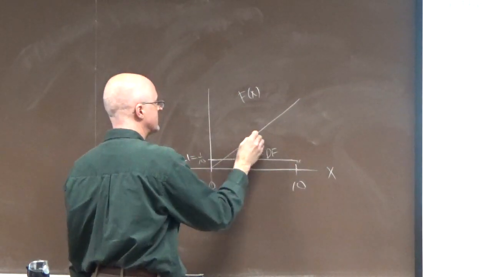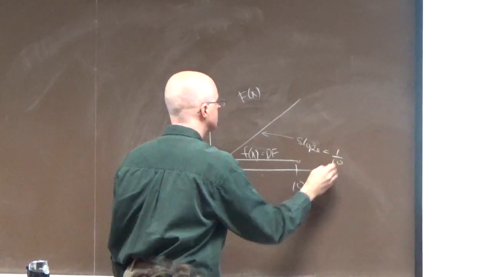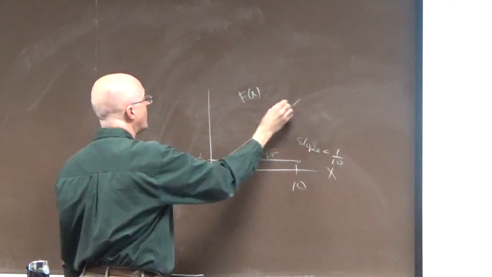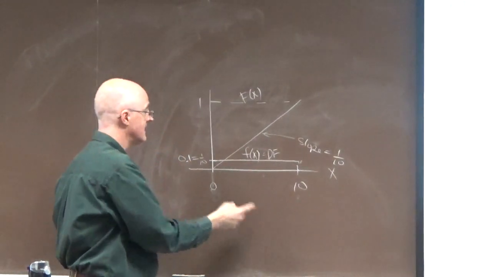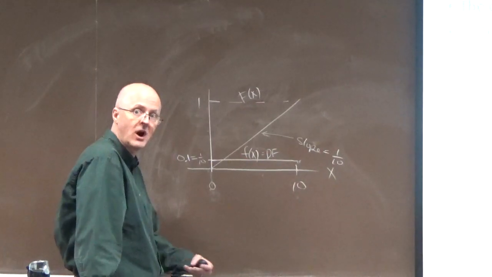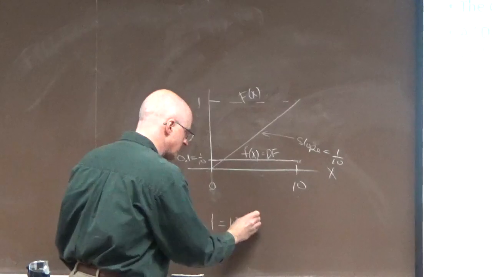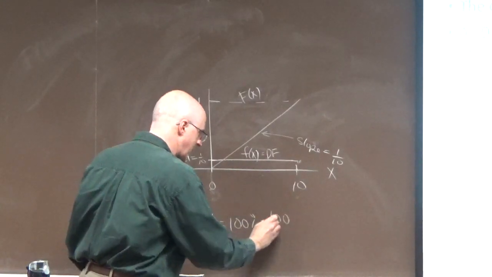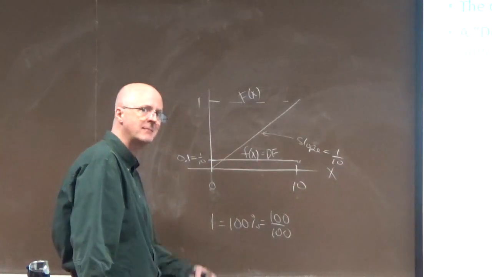It's got a slope of 1/10. That would work because, for example, once you're up to x equals 10, the percent of the data points less than 10 is 100%, 1. Right? Percent means per 100. So 1 is 100% because 100% means 100 divided by 100. 50% means 50 divided by 100. Percent means per 100.